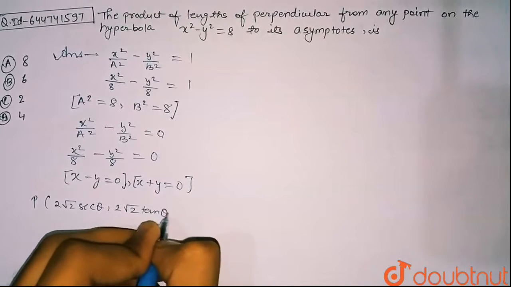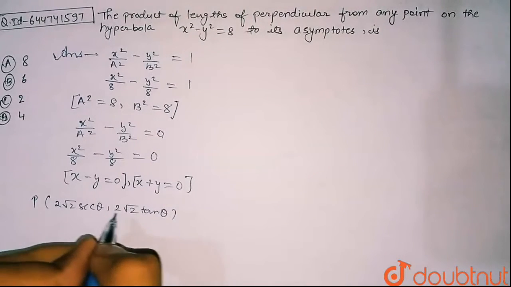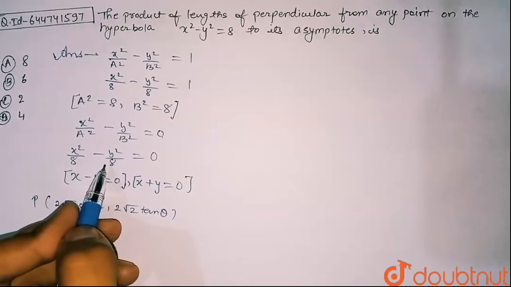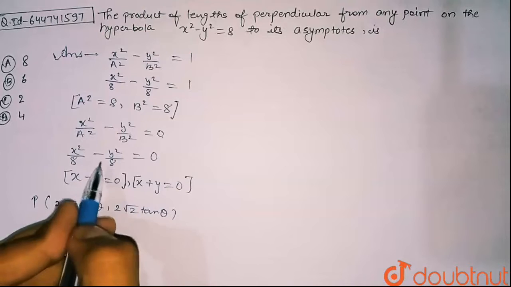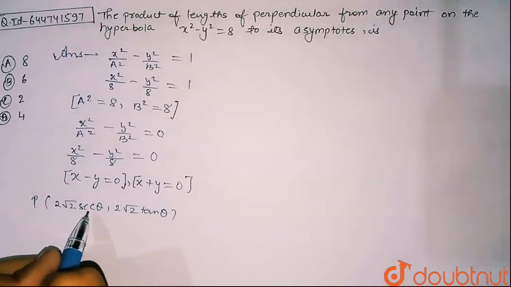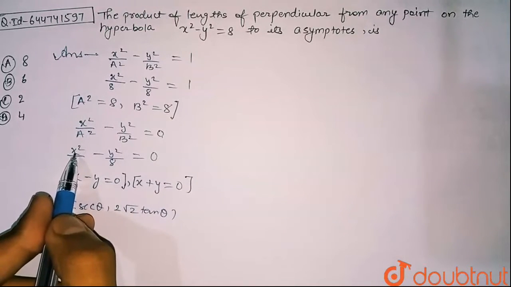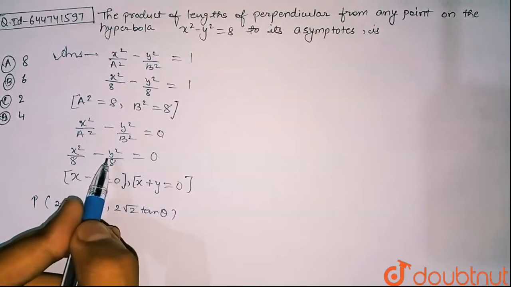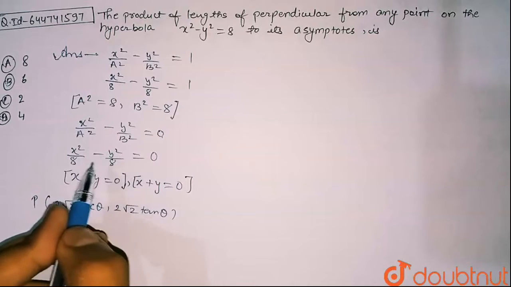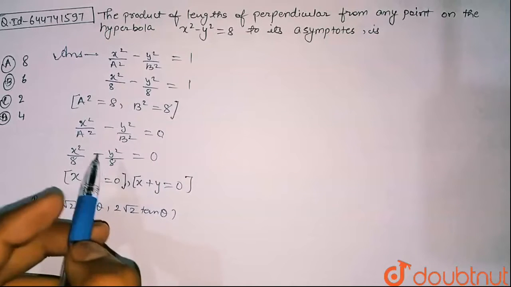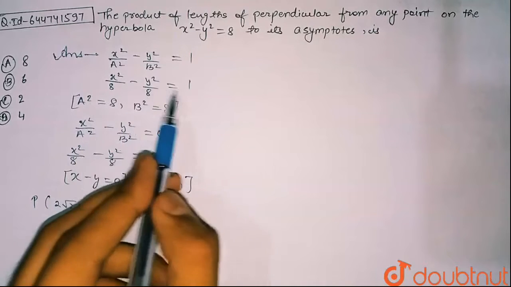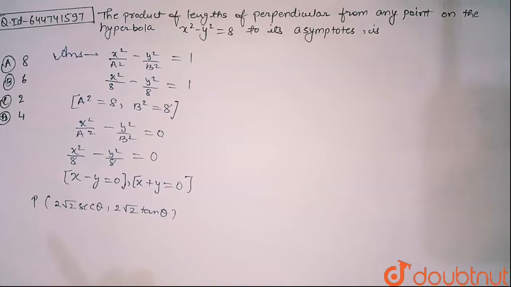This is any coordinate of point P in the parametric form, and if we substitute this point P in the hyperbola equation, it will satisfy the equation, because on squaring 2 root 2 sec theta we get 8 sec square theta, divided by 8 this is sec square theta, and similarly 8 tan square theta upon 8 is tan square theta, so sec square theta minus tan square theta is equal to 1. So this satisfies the given hyperbola. So basically these are the parametric coordinates of the point on the hyperbola.